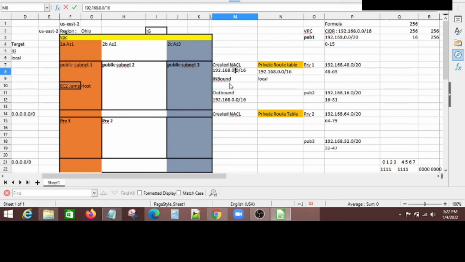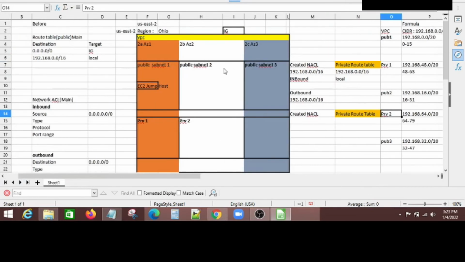I associated this NACL with both private subnet 1 and private subnet 2. That was the setup that was given to me.